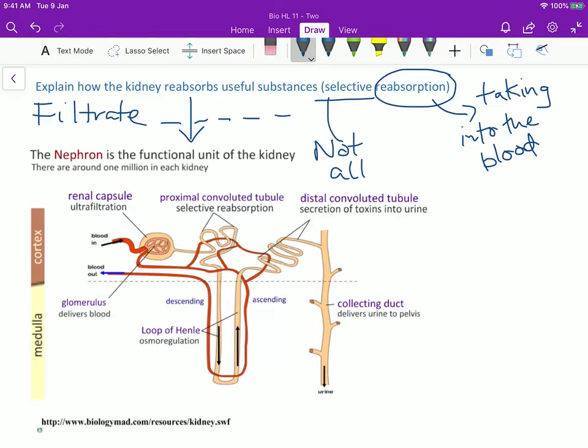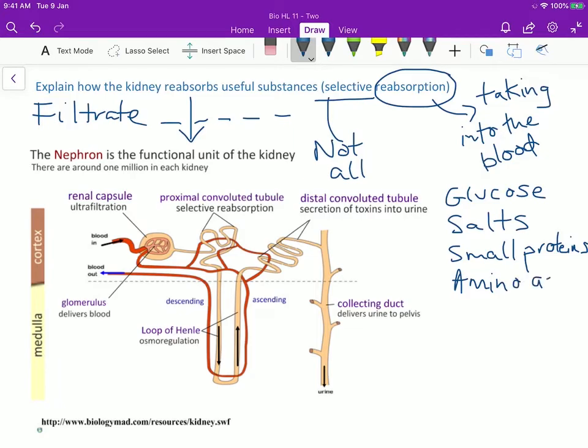Some of those things are glucose, because that can be used in respiration, salts, small proteins, also amino acids, and water. So all of these things are making up the filtrate.